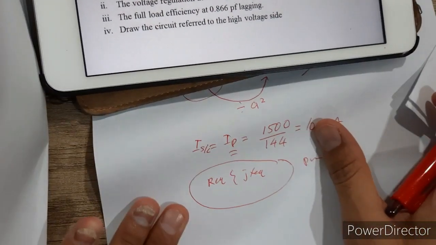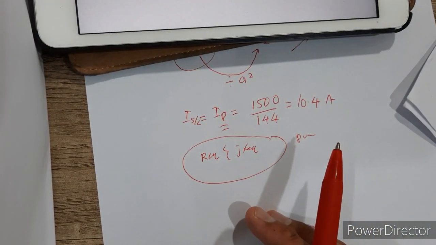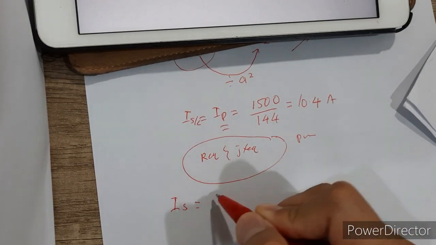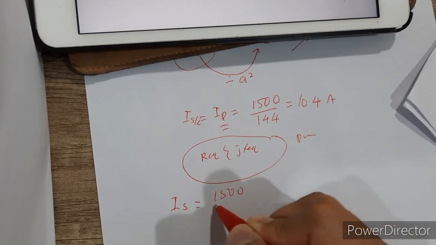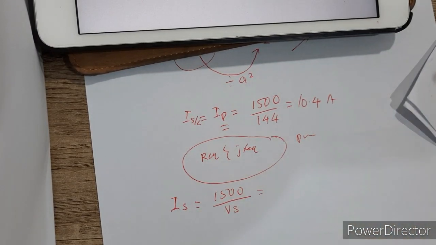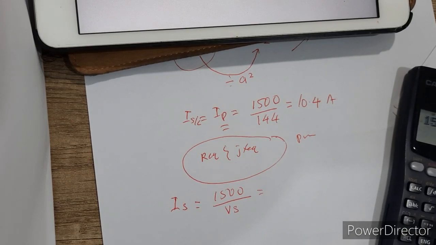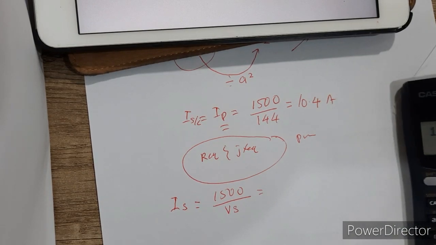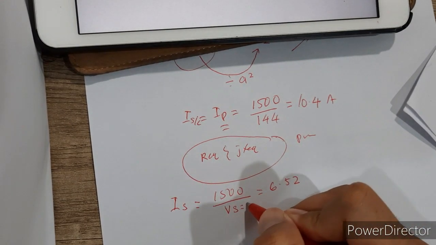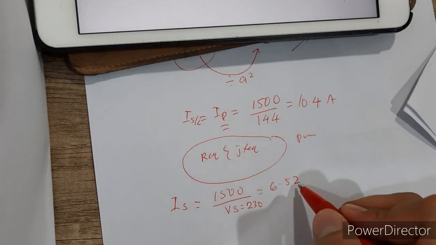Firstly, you have to determine the IS, I secondary equals S divided by VS, which is 1500 divided by VS. VS equals 230 volt. So you get 6.52.